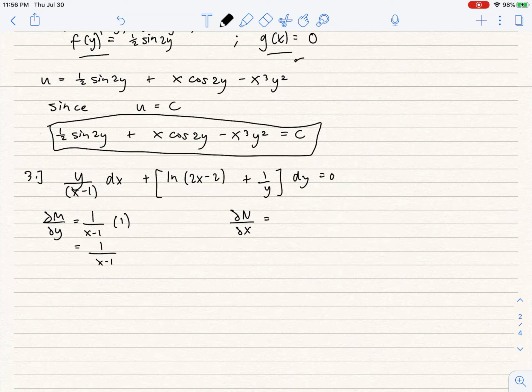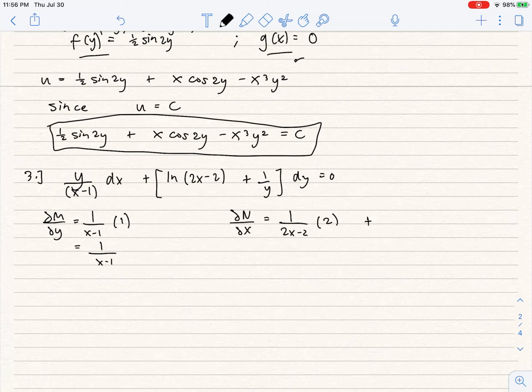The derivative of that is just 1 over u, where u is 2x minus 2. Okay? Then multiplied by the derivative of the inside function. So the derivative of that function is just 2.